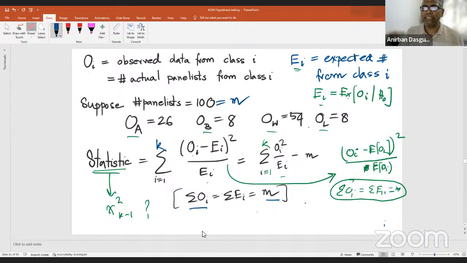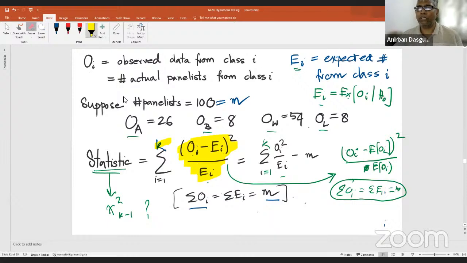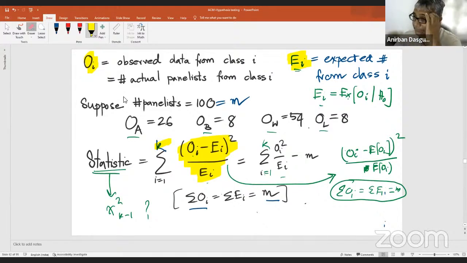Now what you do is look at a different statistic. I won't go too much into it. Here, OI is the observed data from class I, the actual number of panelists from class I in the sample you have taken. EI is the expected number of panelists from class I, right?